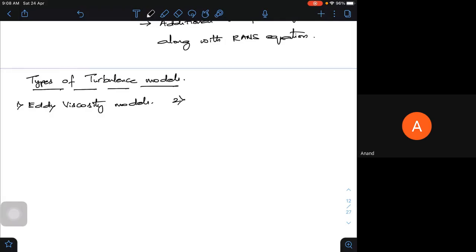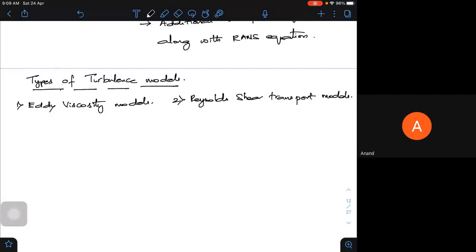On the other side, we have the Reynolds shear transport models. So most of your turbulence models are divided into these two big categories.